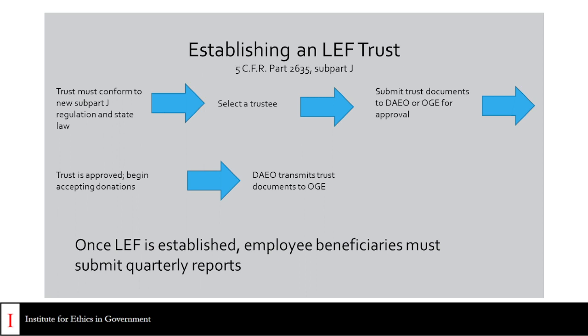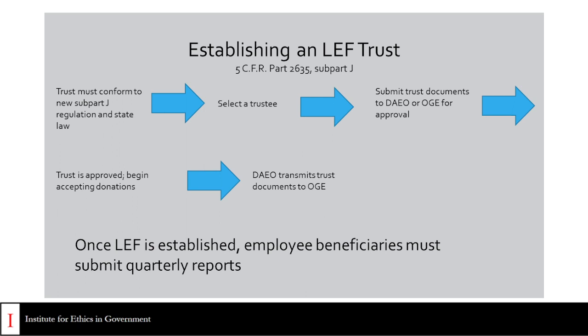An employee who establishes an LEF must create a trust that conforms to both the new LEF regulation and governing state law. In setting up the trust, the employee must select a trustee who will exercise exclusive control of the trust property. Then the trust documents get submitted for approval to the designated agency ethics official, or DAO, of the employee's agency.